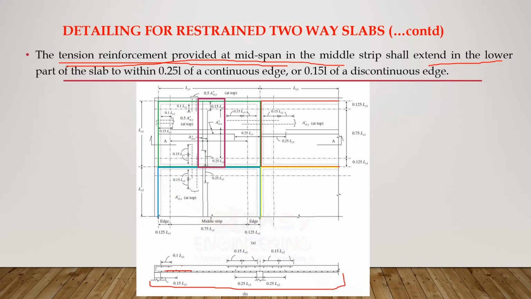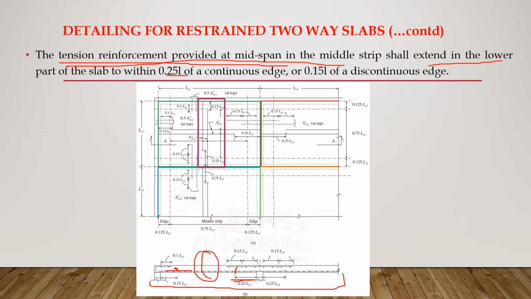What you can see here is that there is a cutoff point here and a cutoff point here. We know that the rebars in the middle strip are the tension reinforcement for the slab, because at mid span the deflection of the slab will give tension at the bottom. So this tension reinforcement should extend in the lower part of the slab within 0.25 L of a continuous edge.